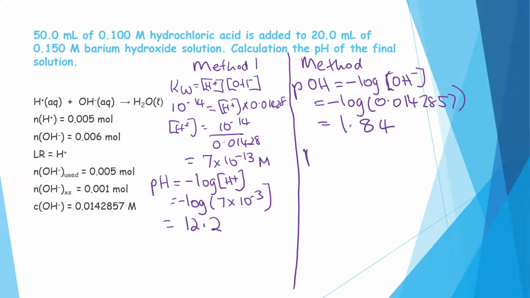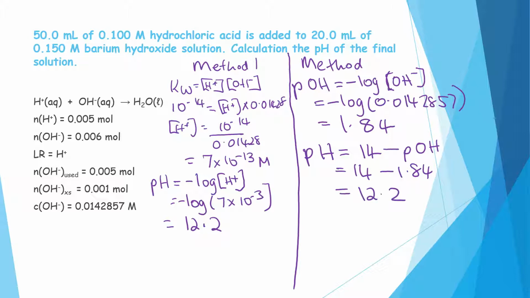From here we can find the pH, because the pH is always equal to 14 minus the pOH, which is equal to 14 minus 1.84, which comes out to be 12.2.